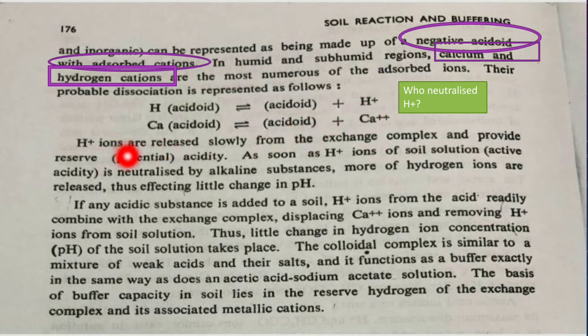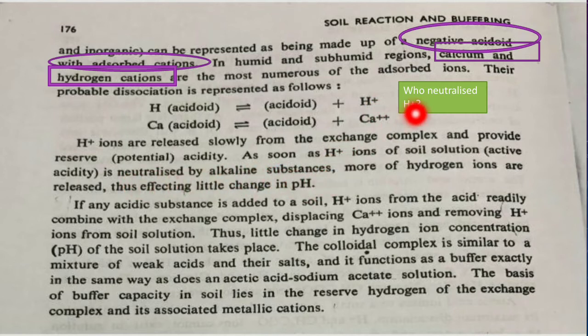Hydrogen ions are also released slowly from the exchange complex and provide reserve acidity. These hydrogen ions are available in soil. This is potential acidity. And what is active acidity? When hydrogen ions are neutralized by alkaline substances.